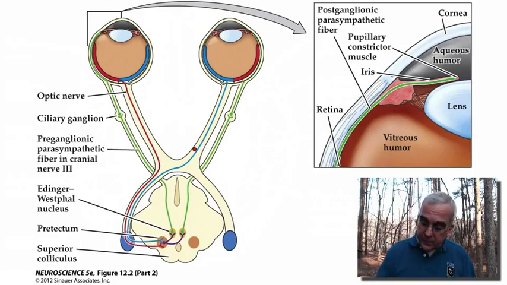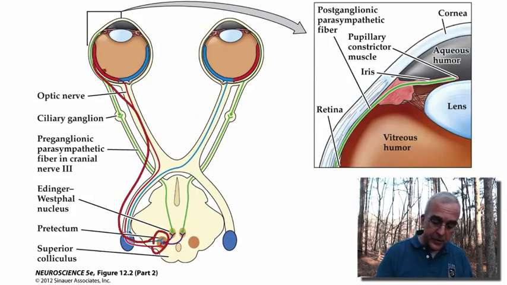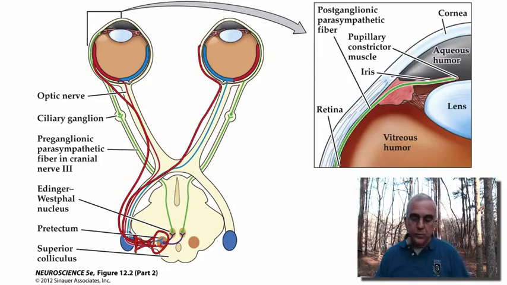And notice that the pretectum on one side of the midline is getting input derived from both retinas. So the temporal retina of one eye, the nasal retina of the other, are both contributing input into that pretectum. So that's important. You need to understand that the sensory signals going into one side of that circuitry are derived from both eyes.